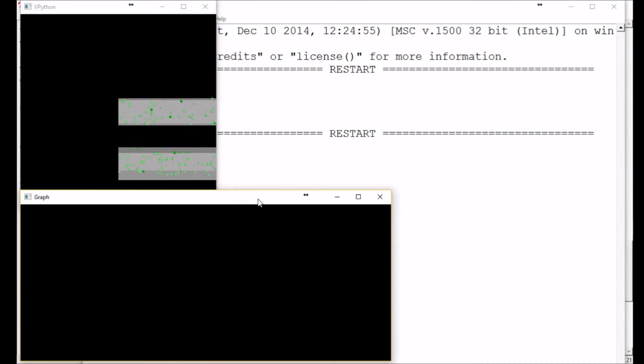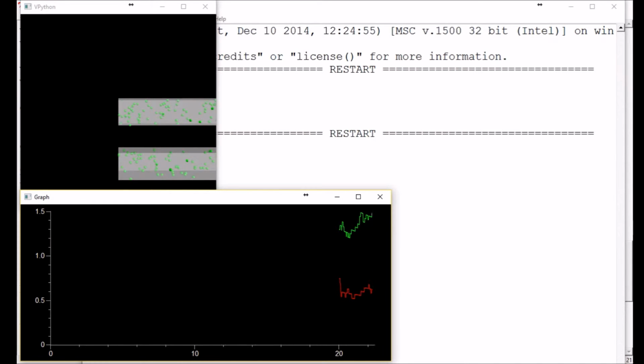So hopefully that'll level these things out a little bit better. And of course, now that I have more electrons, my code is running slower, so it's going to take longer for it to reach that 20 seconds. So I might cut here and let these graphs level out for just a minute.